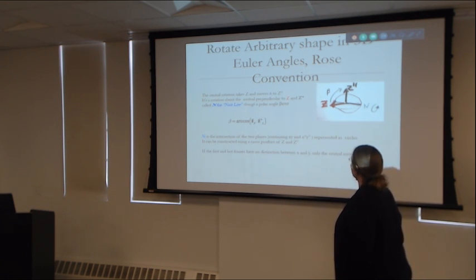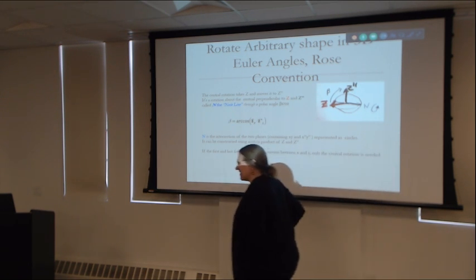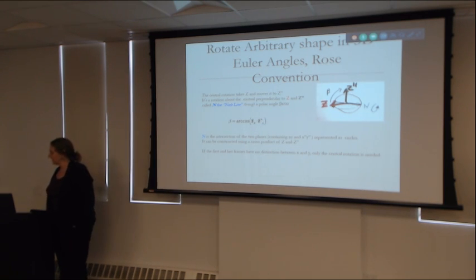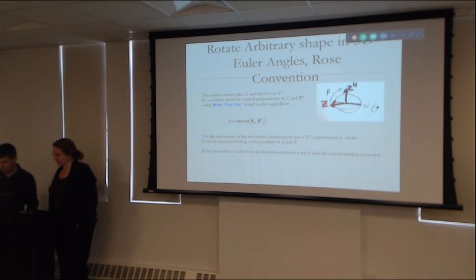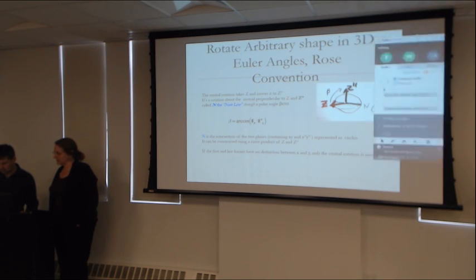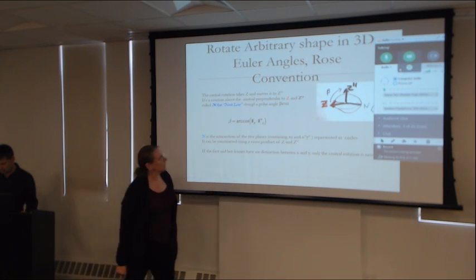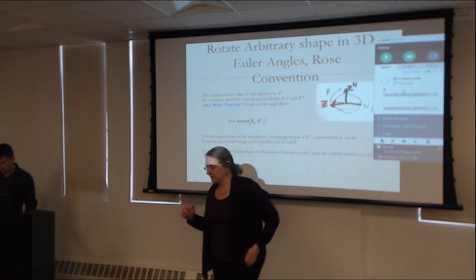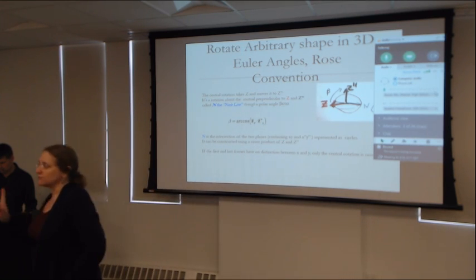Now, here's something that I want to point out. In that cartoon, on the last page, and actually in this one as well, perpendicular to the z-axis, I drew a circle.